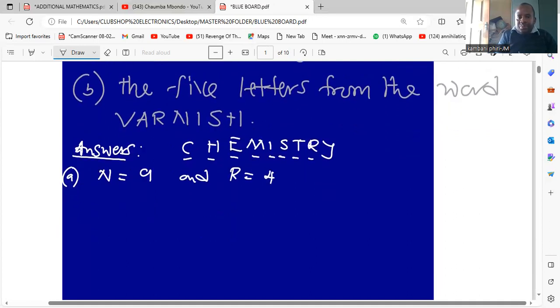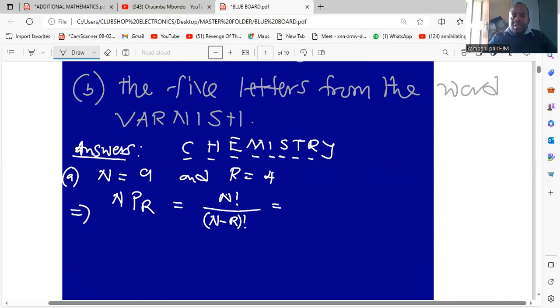So we are going to say nPr is equal to n factorial divided by n minus r factorial. This is what we need to have.